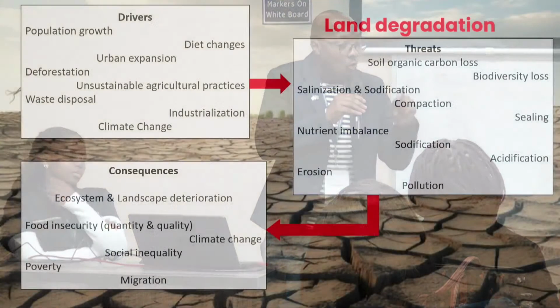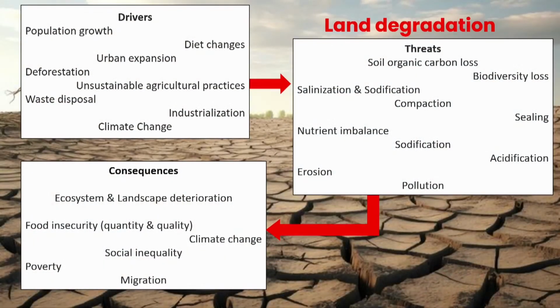You will see most of the soils now are more acidic compared to previously. And also the issue of nutrient imbalance, where we see that even if you plant something, it won't come out because there is no nutrient to feed that particular plant. And also the issue of erosion.